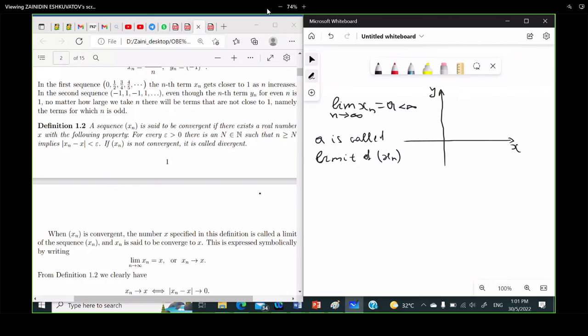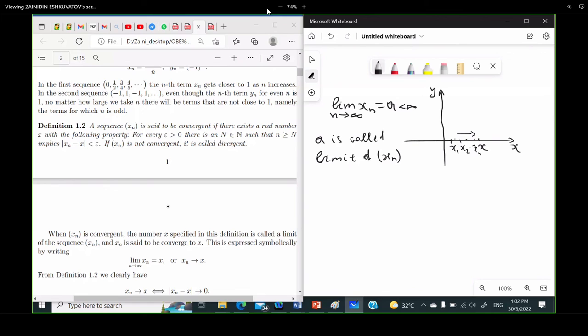You see, the limit definition is very simple, and the epsilon definition, not epsilon-delta, but the epsilon-capital N definition, says: we have somewhere the point x, and x1 is here, x2 is here, and so on. xn, you can see from the graph, is approaching x from the left side.